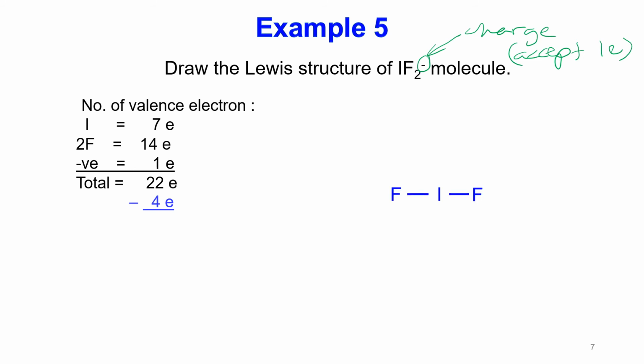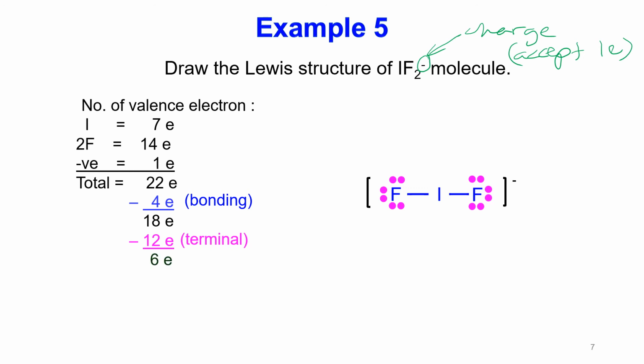Iodine at the center and fluorine at the terminal. 2 bonds means 4 electrons. For fluorine, we need to add another 6 electrons to achieve octet.